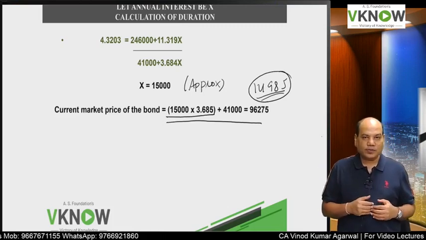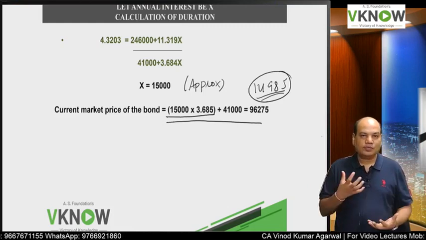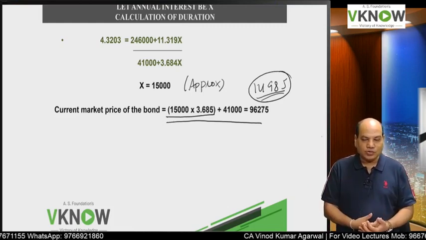So that was a question asked in the exam. Reverse working: from duration, you have to find the coupon amount and the price of the bond.